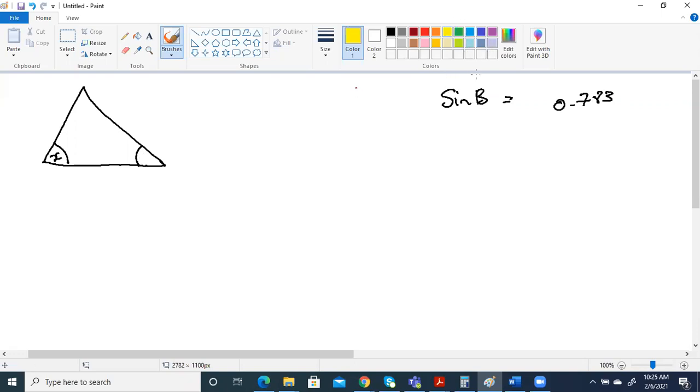If you remember, the B represented the angle. And this is the angle that we wanted to find, right? But we have the sine beside the B, and we need to get rid of it. Now, if you had, say for example, 3b equals 0.783, how would you get rid of this 3?